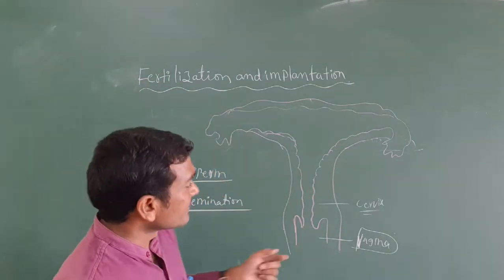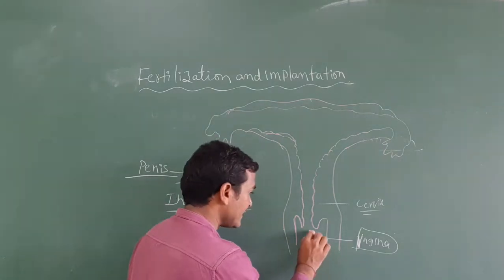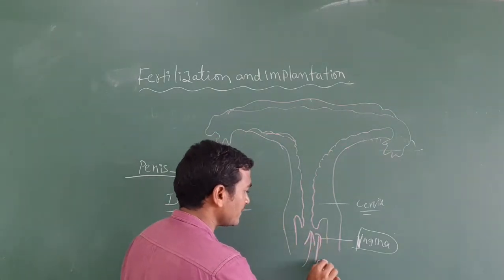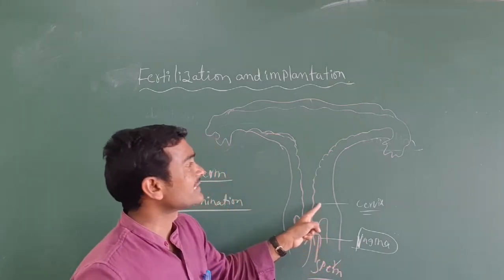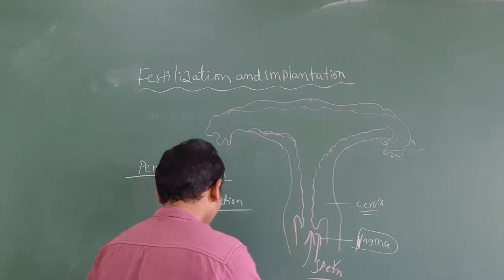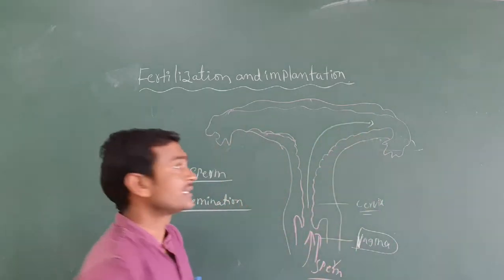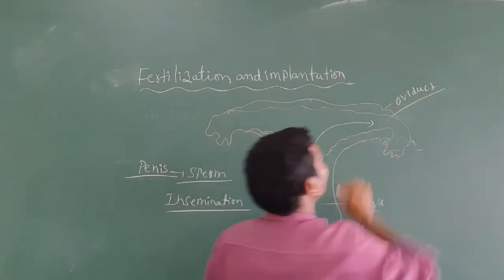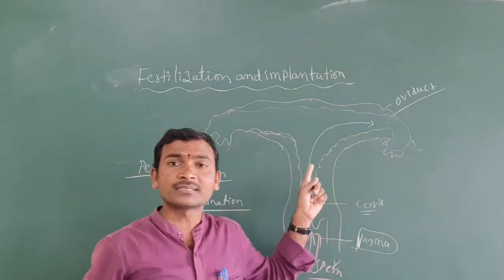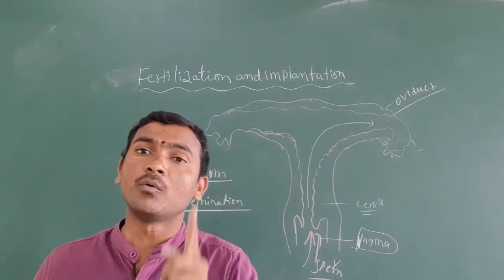After the sperm reaches the vagina, it reaches the cervix, and then the oviduct. When it reaches the oviduct, it combines with the ova.